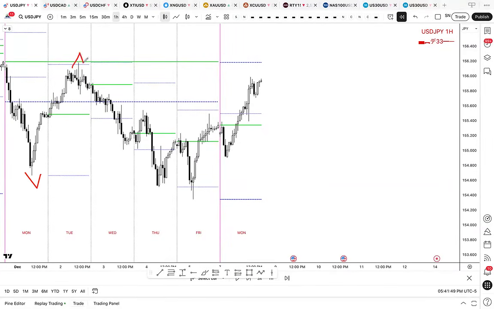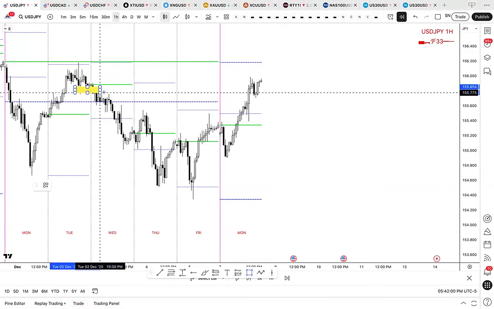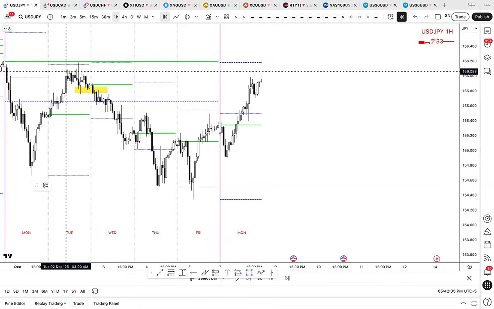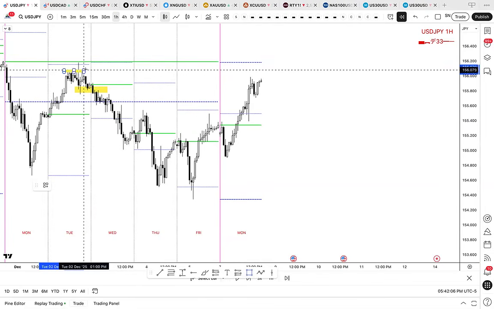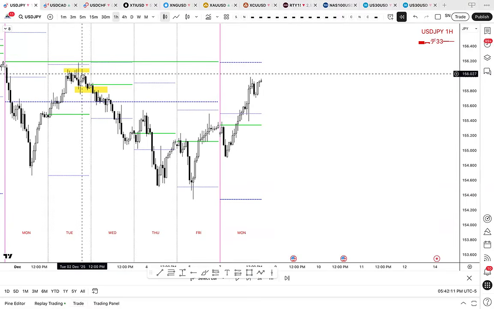Tuesday gave us a peak formation high. Wednesday was breaking out and pulling back. Because what did they do at the high of the week on Tuesday? They put in a high and they failed to go higher. Look at these wick rejections. Look how many times they've exhausted into that area.